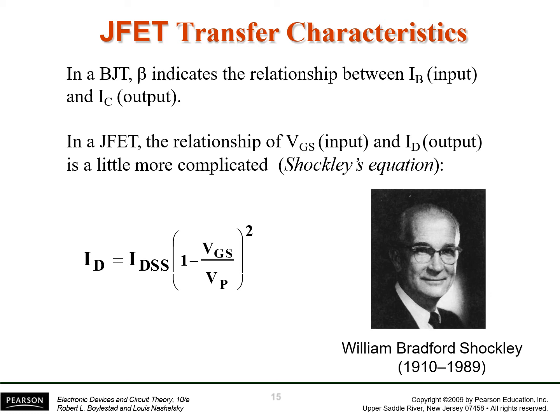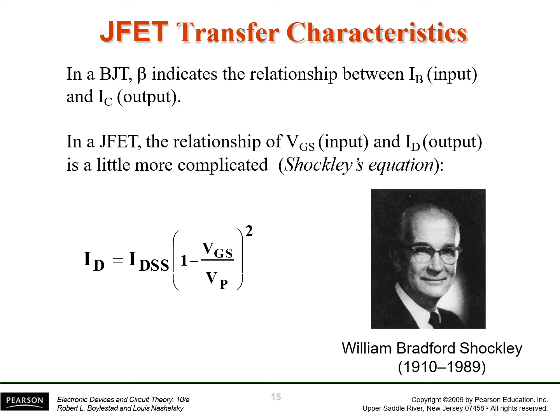These JFETs were developed by William Bradford Shockley, and the equation that relates the two variables, ID and VGS, is ID equal to IDSS into (1 minus VGS over VP) whole square. Here the two variables are VGS and ID. This particular equation was developed by Shockley.